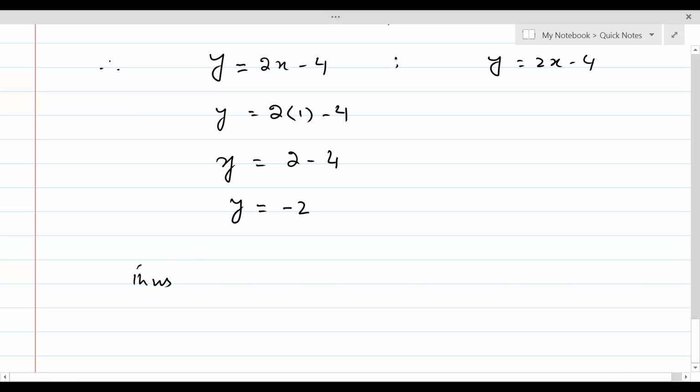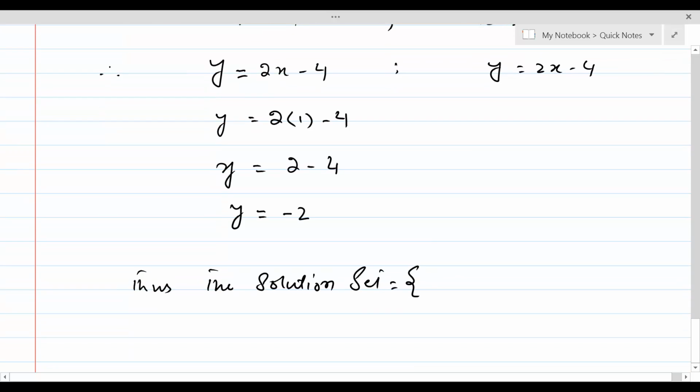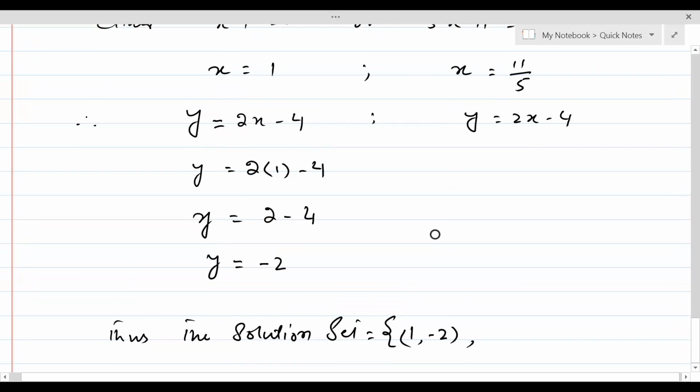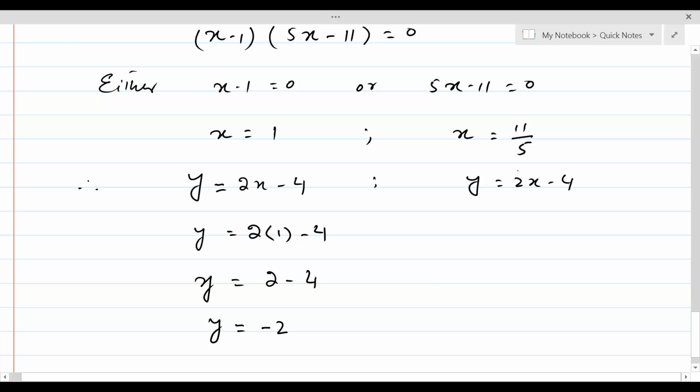Thus, the solution set will be, for x equal to 1, y is minus 2, and when x is equal to 11 over 5, we can find the value for 2 times 11 over 5 minus 4, and this becomes 22 minus 20 over 5.